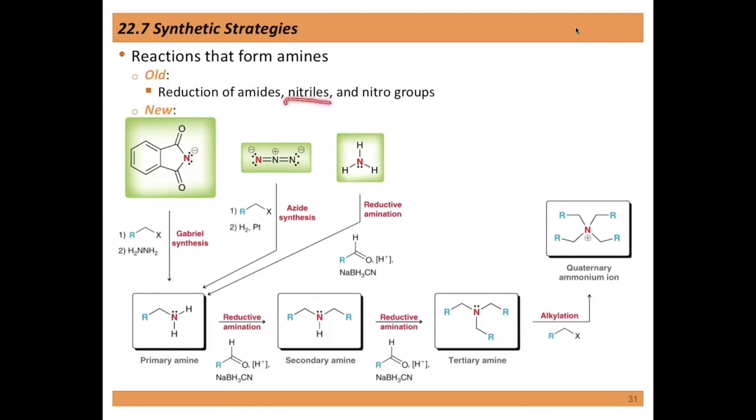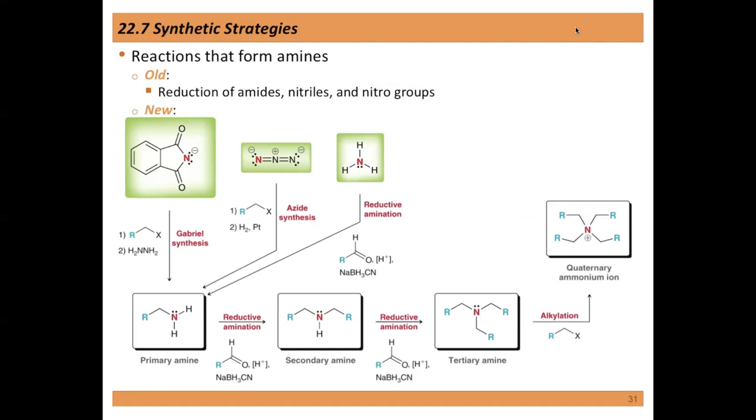We've talked about the reduction of nitriles. Again, you can use lithium aluminum hydride to reduce nitriles to amines. And then finally, we can reduce down nitro groups, which we talked about in the aromatic chapter, and those produce anilines.